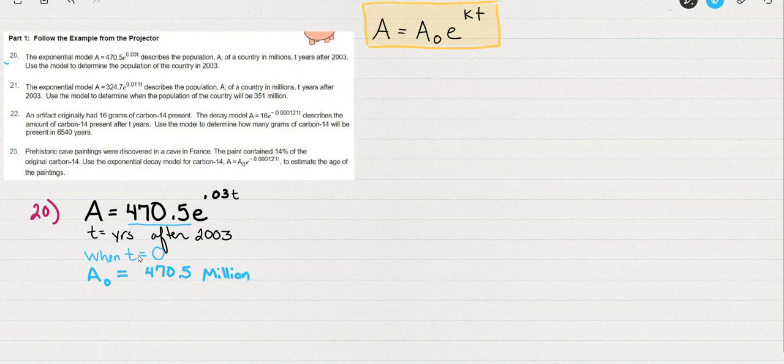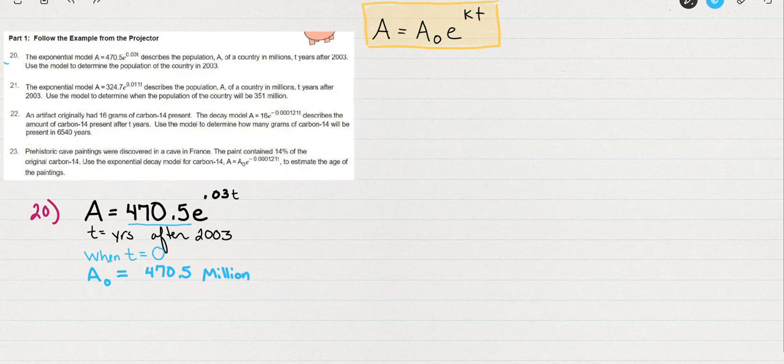Now, if we did see that t is equal to 0, and you substituted t with 0, we'd have e to the 0, which is 1. So all of this would just change to 1, and there we'd have our 470.5. But you don't have to go through that process if you simply recognize how to read the equation.